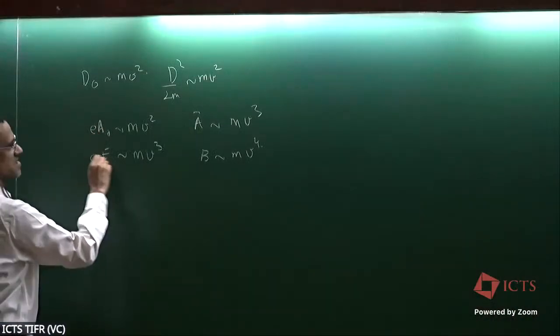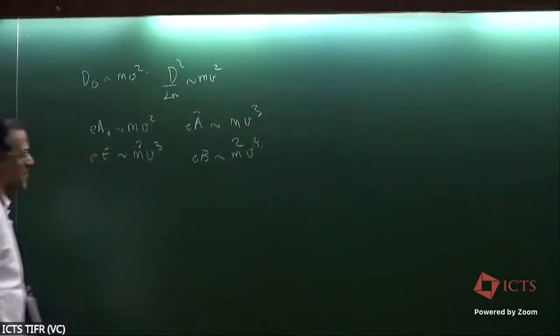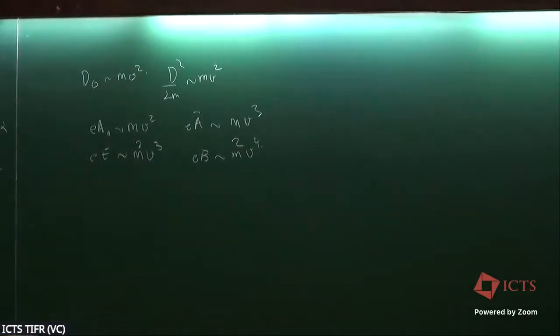When I write this, this should be, because it's the potential which is mv squared. Yes, that's good, because there is an extra derivative.